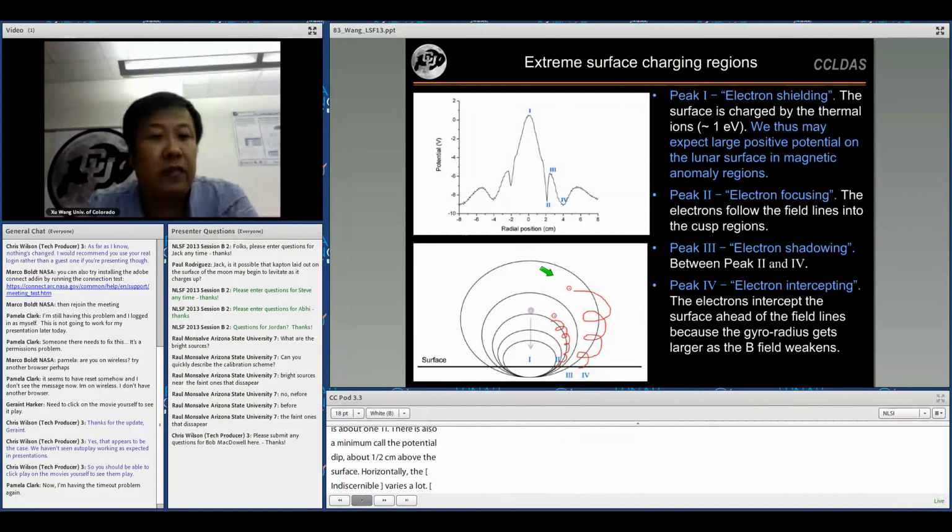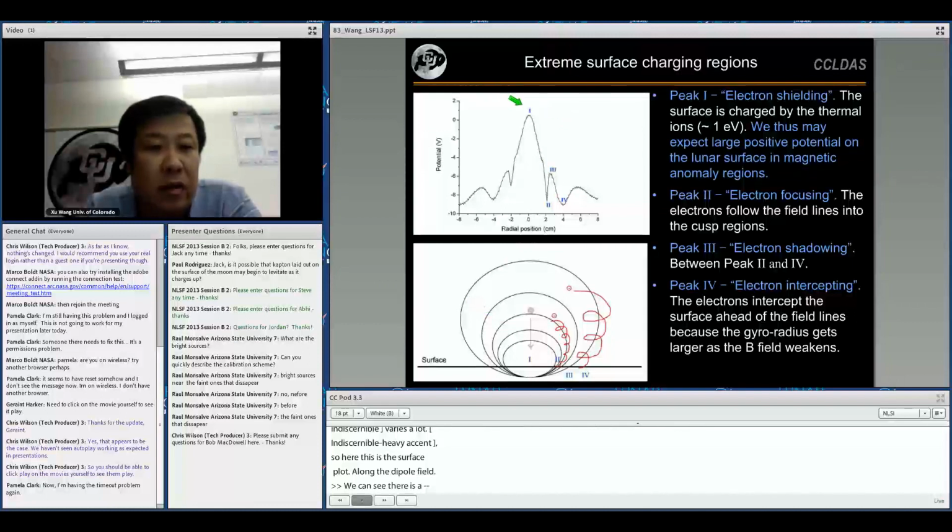So this is the surface potential plot along the dipole field, and we can see there are 4 peaks, 1, 2, 3, 4, and the bottom is a cartoon drawing to show the trajectories of the ions and electrons.